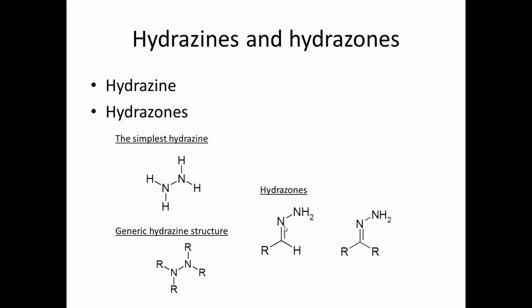But in the other half of the molecule we have nitrogen double bonded to a carbon. And that gives us the rest of the structure: the carbon associated with one or two R groups in either a linear or maybe a branched fashion. And this is what hydrazones look like. So we can take hydrazines and make hydrazones.